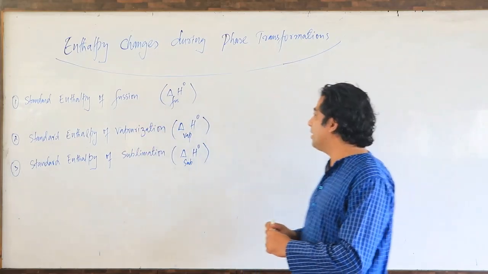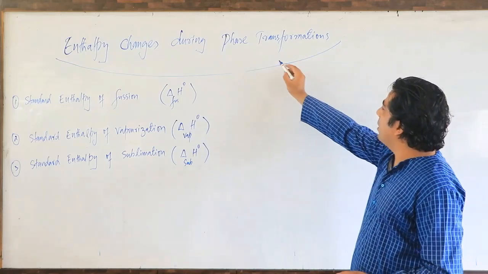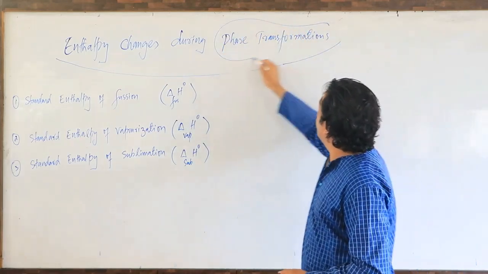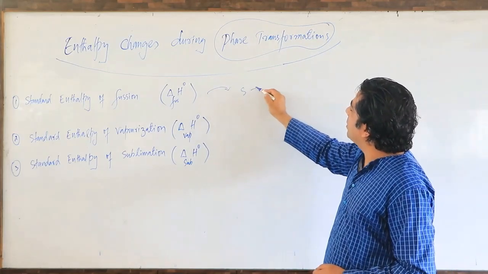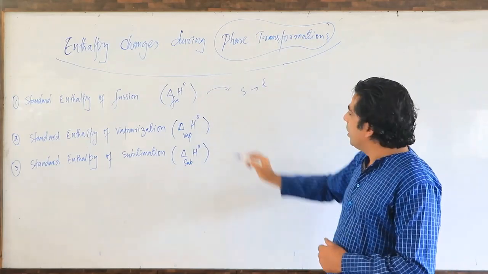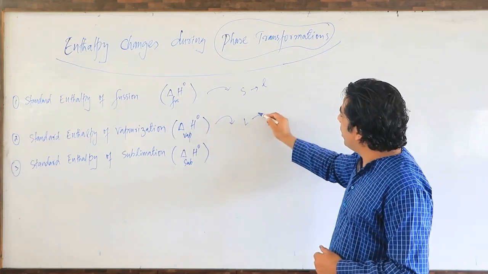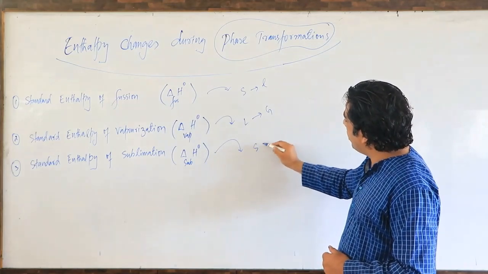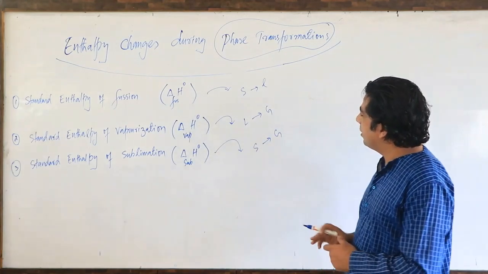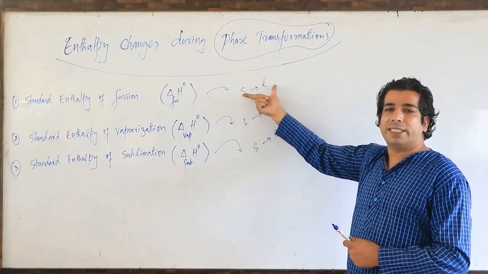But first of all, let us understand what you can have in phase transformation. In the first case you will be converting a solid into liquid. In the second case you will be converting liquid into gas. And in the third case you will be converting solid directly into gas. So these are basically the phase transformations.